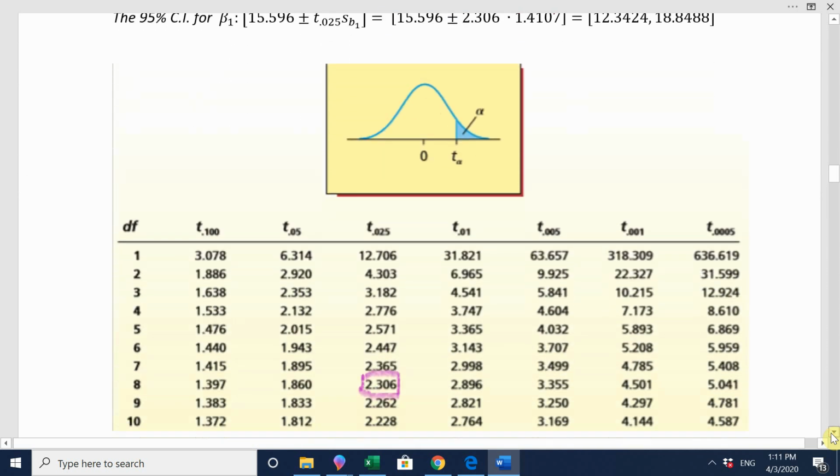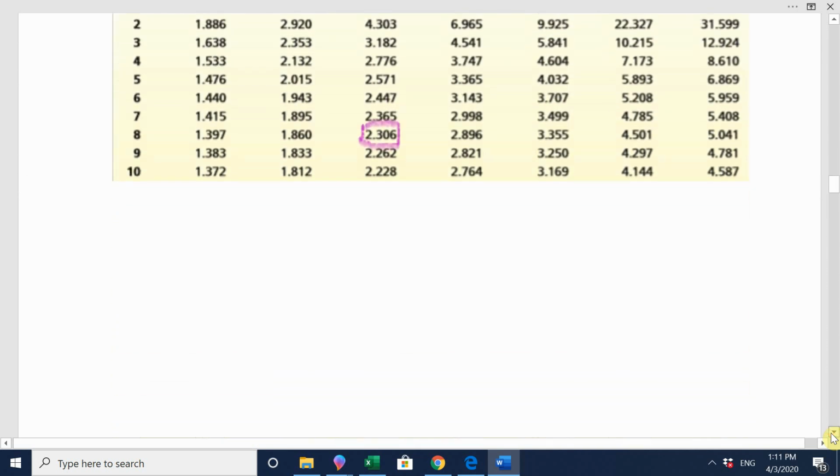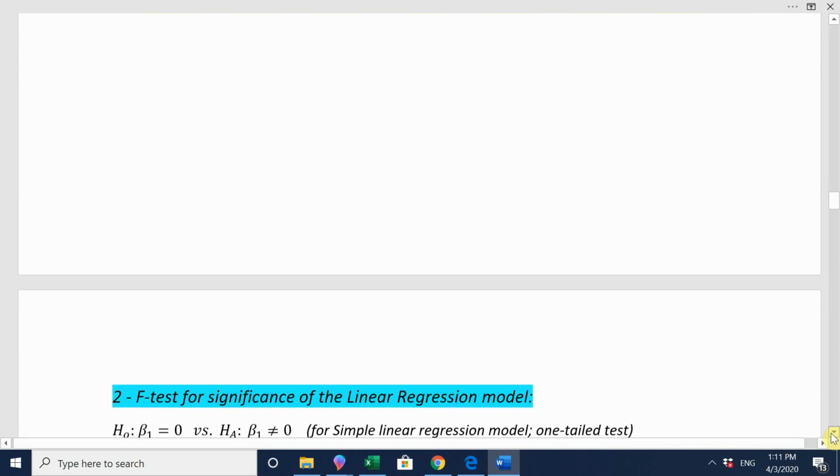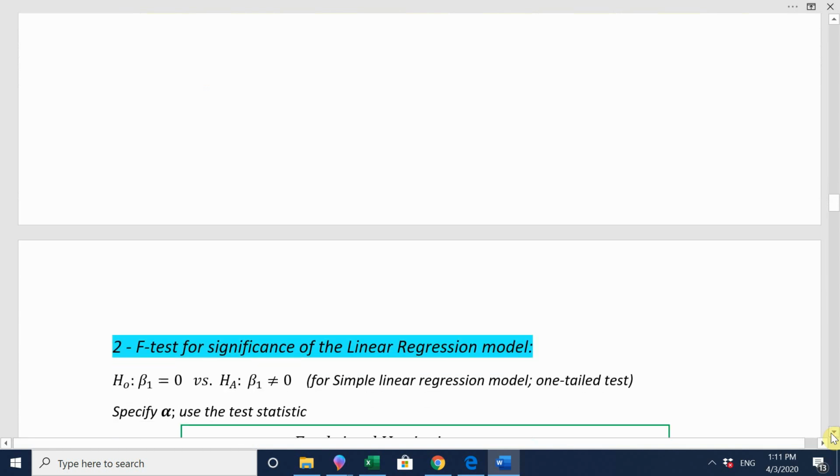Now let's move on to the second hypothesis test, the F test for significance of the linear regression model. This test is more general. We're not just looking specifically at whether beta 1 is equal to 0 or not, but making a general assessment to see if there is some significance in the linear regression model.